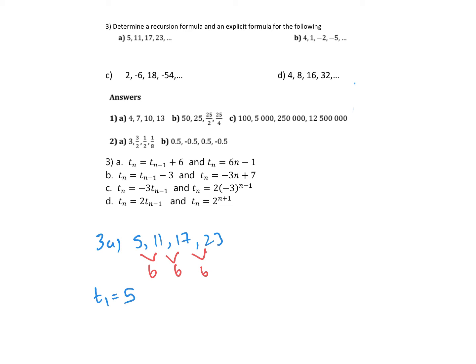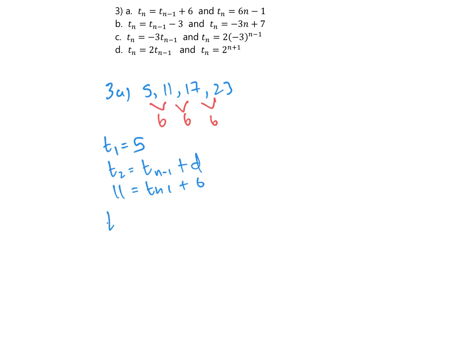I want to figure out the recursive and explicit formulas. The second term, t sub 2, is 11, which equals t sub n minus 1 plus 6.